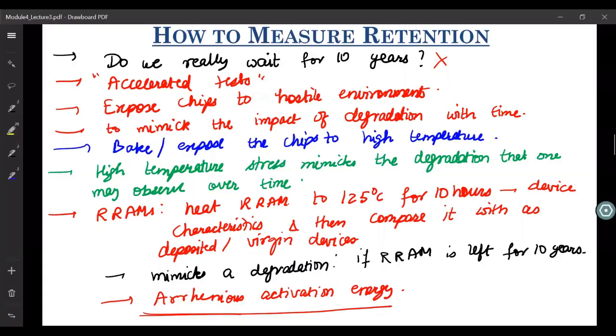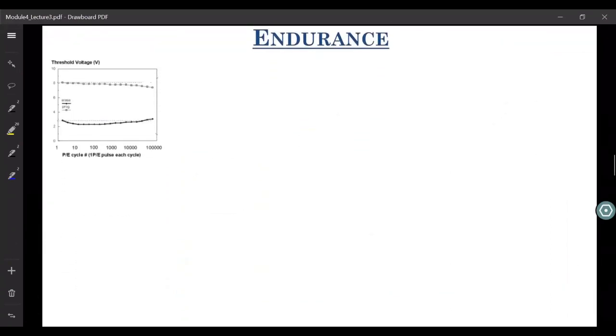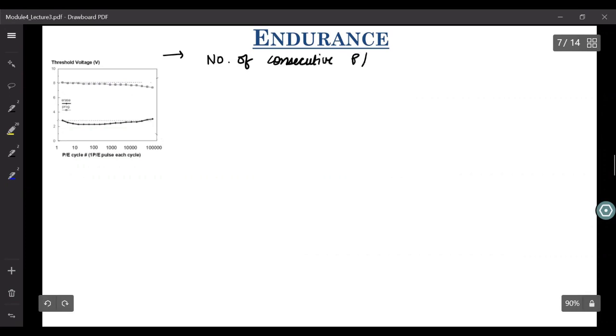Now, with this discussion on retention, let us look at another metric which is popularly used to quantify the reliability of these flash memories or any memory in general. That is known as endurance. So what is endurance? Endurance is defined as the number of consecutive program and erase cycles. You program in one cycle, erase in the other cycle.